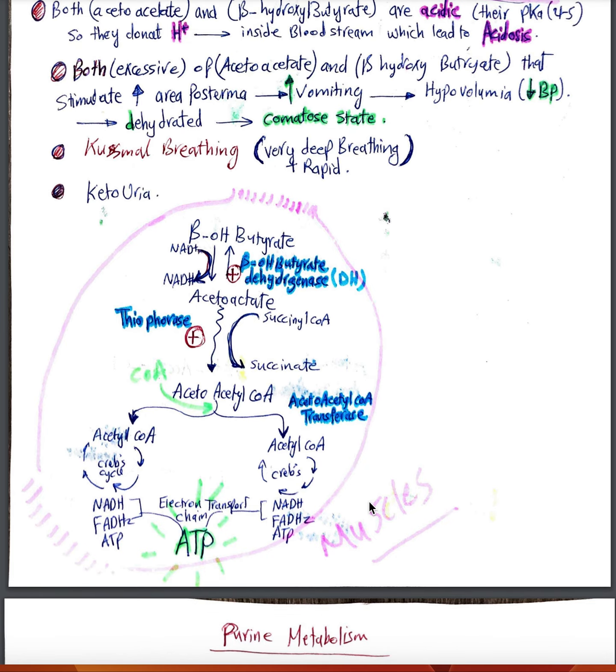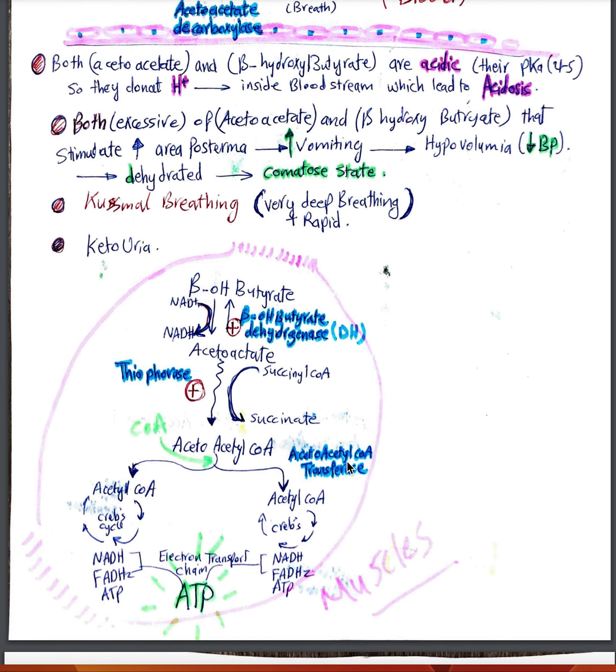So inside the muscles, we have beta hydroxybutyrate. By beta hydroxybutyrate dehydrogenase, this is the reverse of the action, and that is important. That's why I said to focus on this information. We learned above that acetoacetate, by beta hydroxybutyrate dehydrogenase enzyme, uses NADH to produce NAD positive, and that leads to beta hydroxybutyrate.